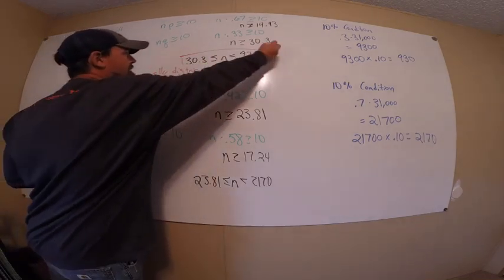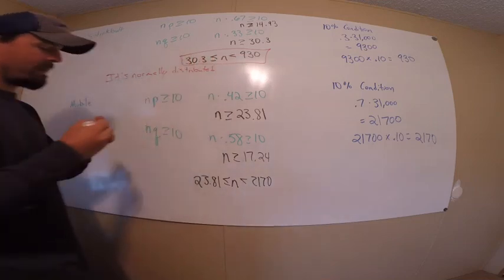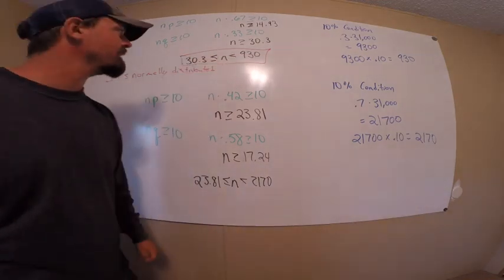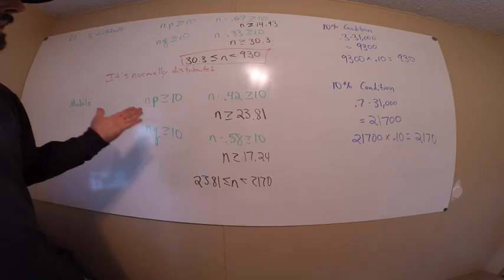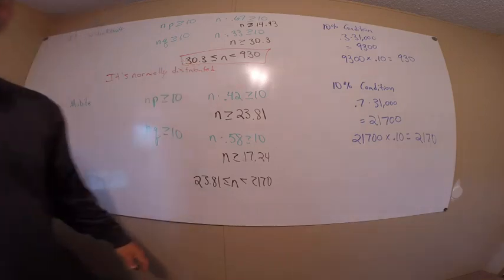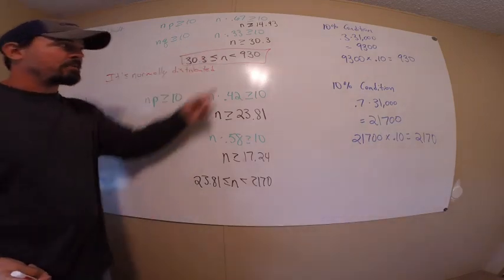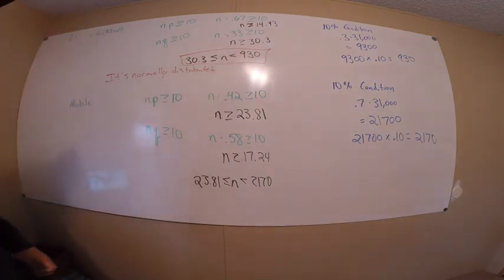But this has to hold in order for that to be the case. We can't sample half of anything, so our sample size has to be somewhere between 31 and 929, because we are strictly less than 930.